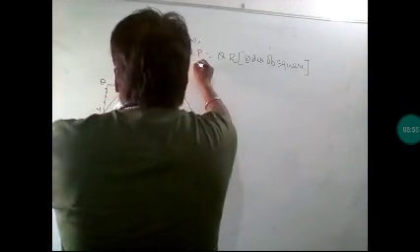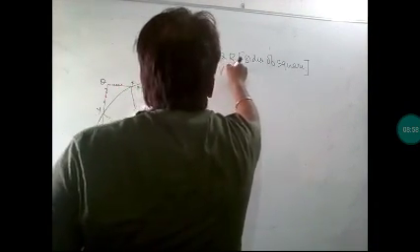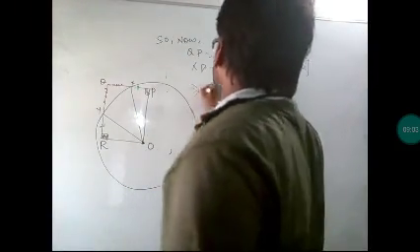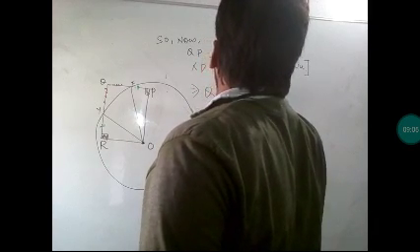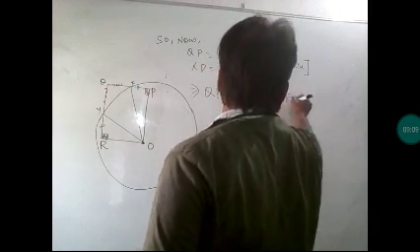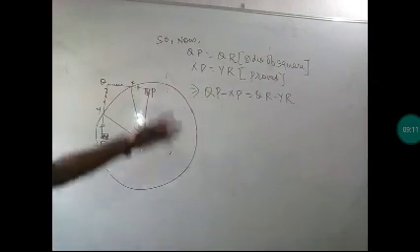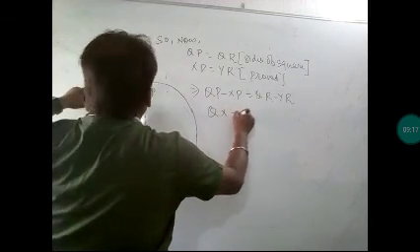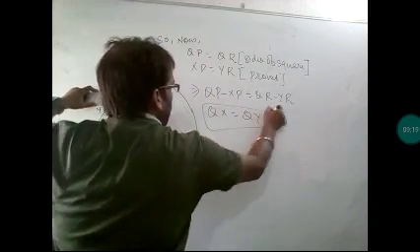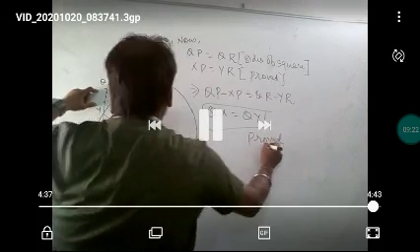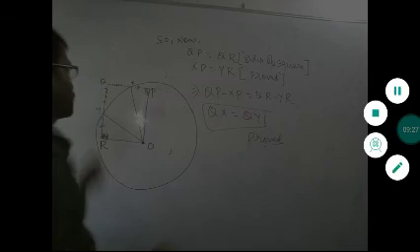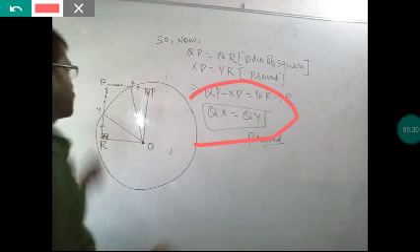Then we have just now proved that RY is equal to PX. That means from QP, if I subtract PX, I will get QX, and from QR, if I subtract YR, I will get QY. Understood? That is the concept of this question. We have made two triangles, used congruency, and then used the properties of a square, and from that we can find that QX is equal to QY.